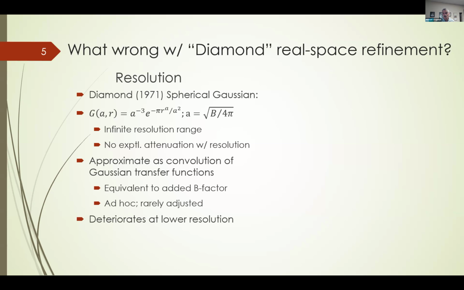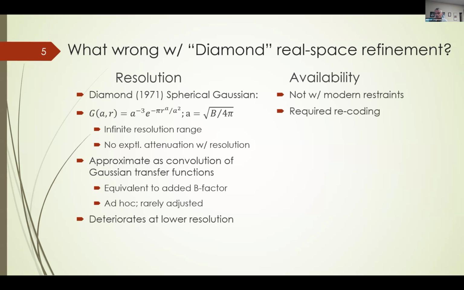Diamond's program was all-inclusive in terms of stereochemistry and optimizer, model parameterization, all of which are now dated. And we really needed a module for just the real space target function that could be combined with more modern modules for other functionality.